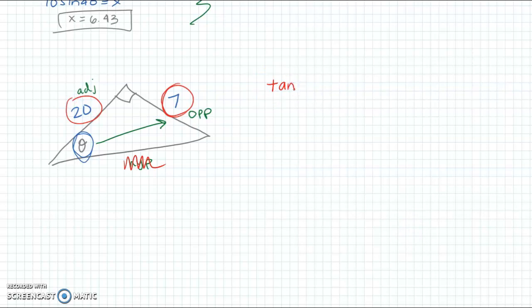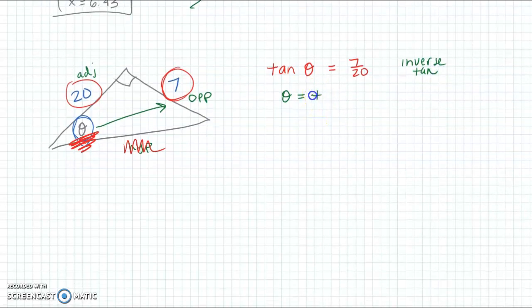So you're going to say the tangent of theta, that's what we don't know, that's our variable, equals 7 over 20. And then you have to do the opposite operation of tangent. The opposite operation of tangent is just the inverse tangent, or tan to the negative 1, as your calculator puts it.